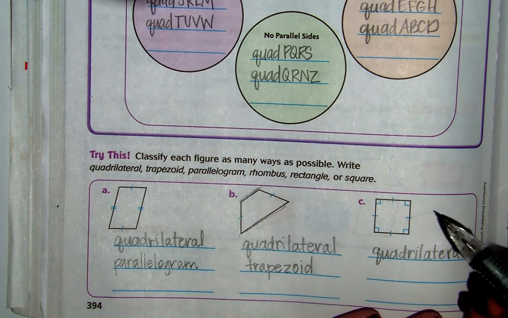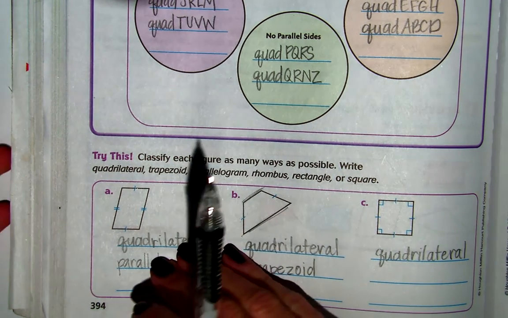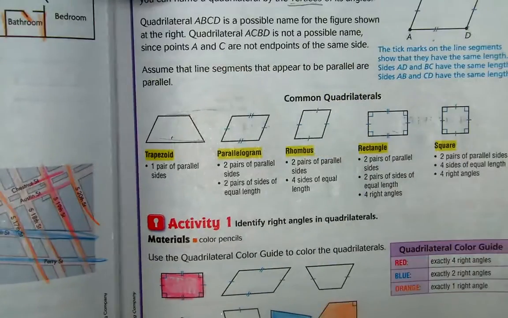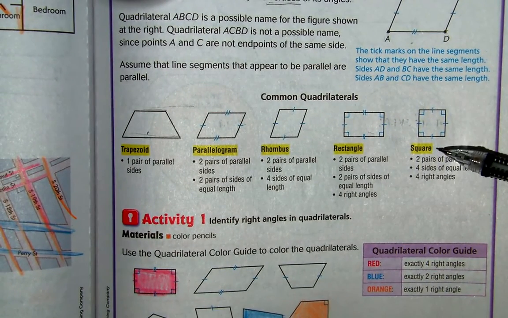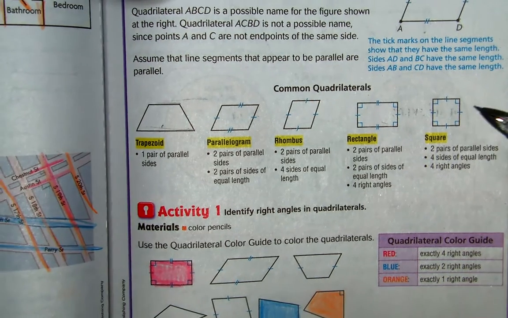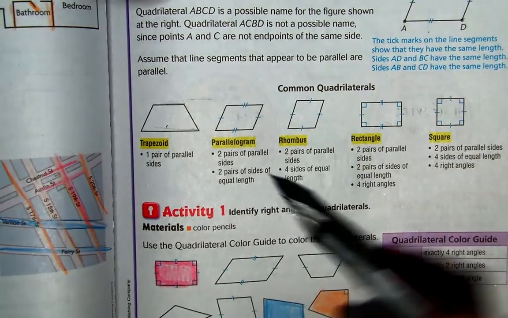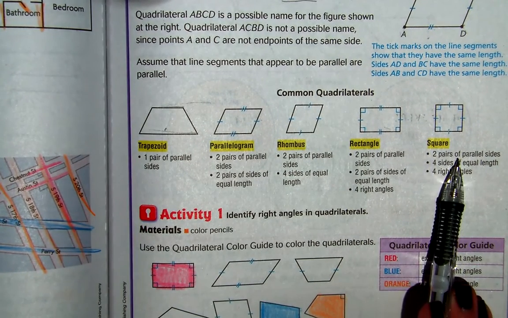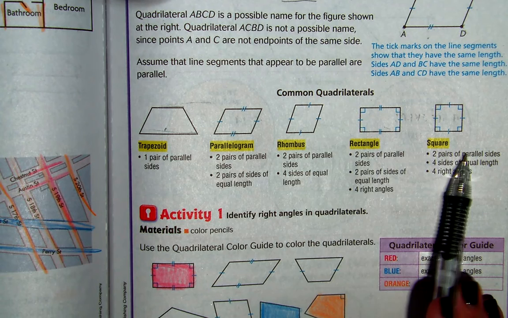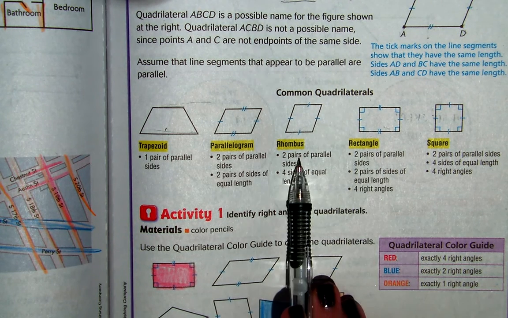All right, so for C. Now, one of the things that we notice, if we go back and look at page 393 at our common quadrilaterals, we know that a square meets the qualifications of every single one of these except for trapezoid. Okay? So a quadrilateral is a square, it is a rectangle, it is a rhombus, and it is a parallelogram.